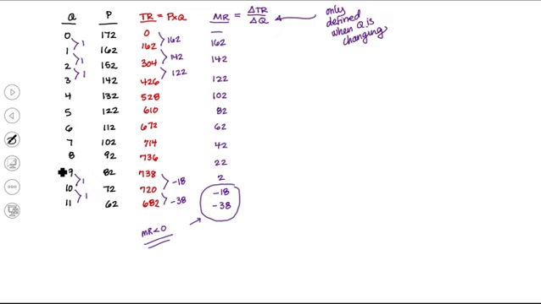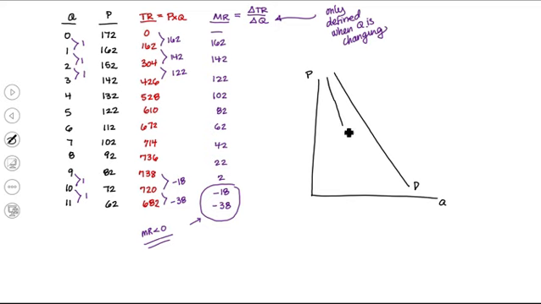So now we can graph. Let's draw a graph of this. So we know we have a downward sloping demand curve. And if I draw in my marginal revenue, you want to draw it so that this area equals that area.